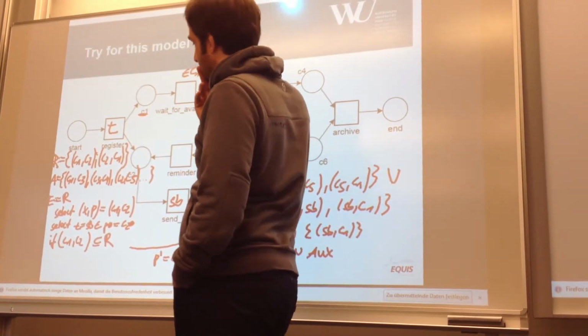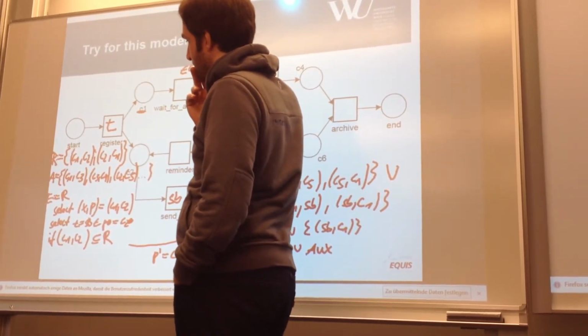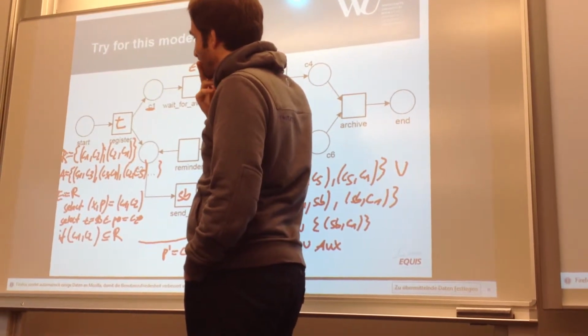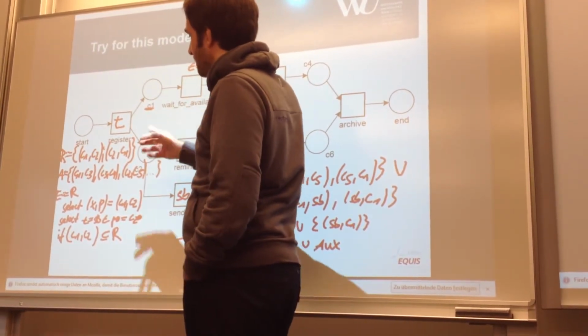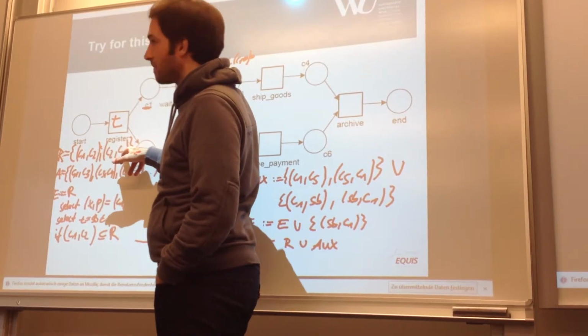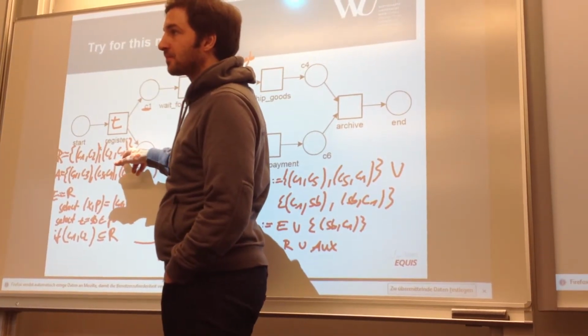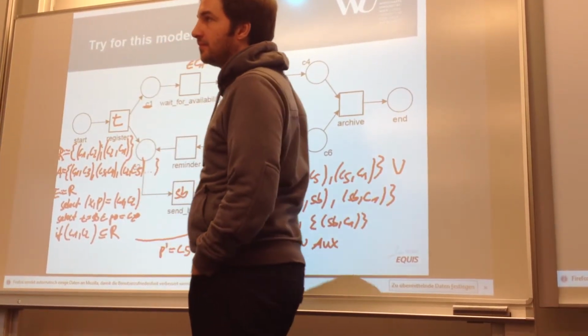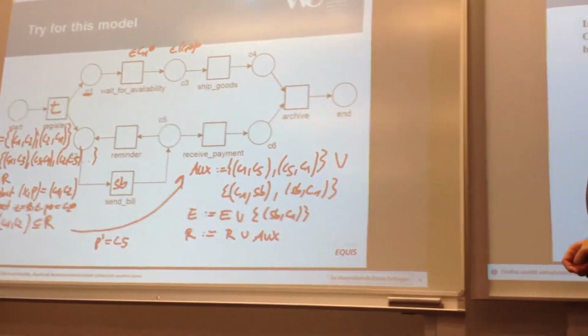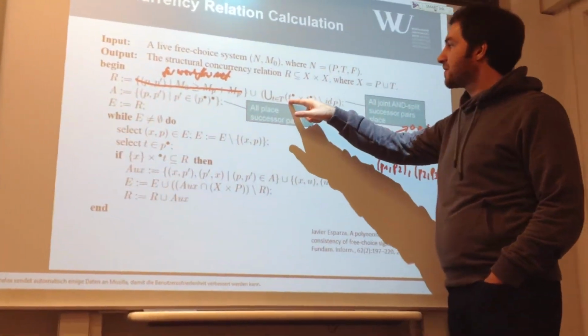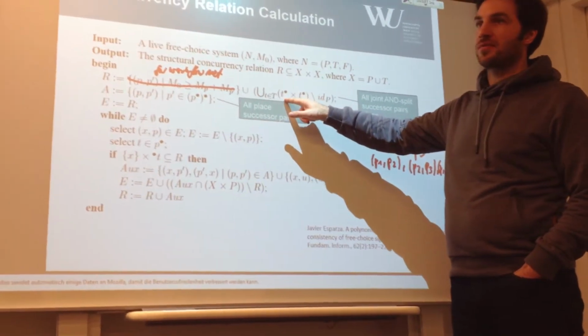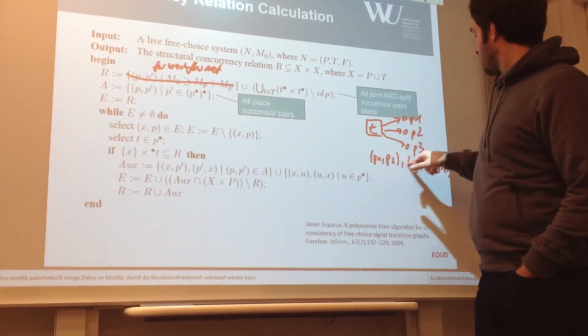Why do you have, in the set R, the pairs C1, C2 and C2, C1? Yeah, they're both in there. They're just symmetric. In the example to the right, you didn't have the pairs. Oh yeah, sure you do. You have this transition T, you look at the post set of T. Here, right, in the listing.